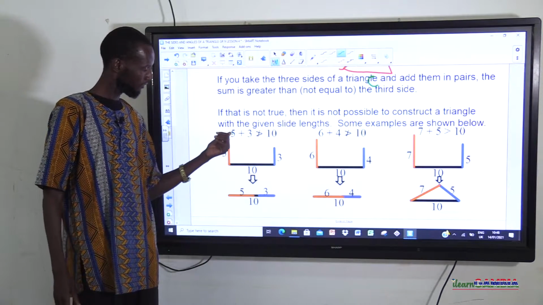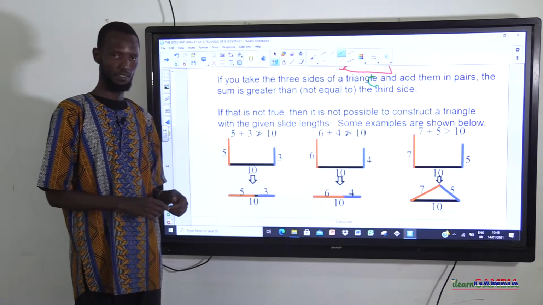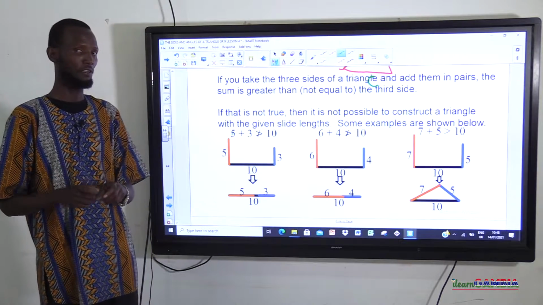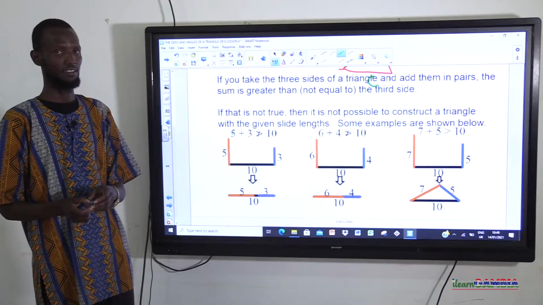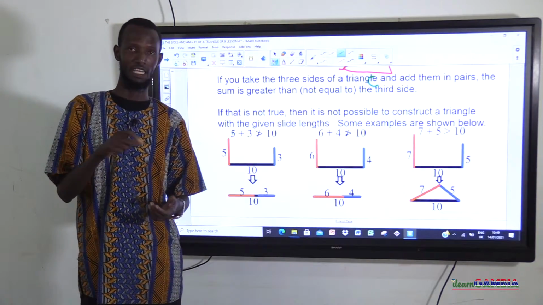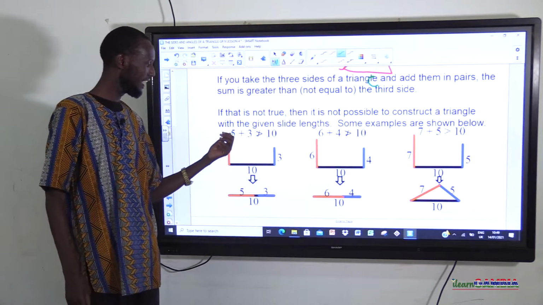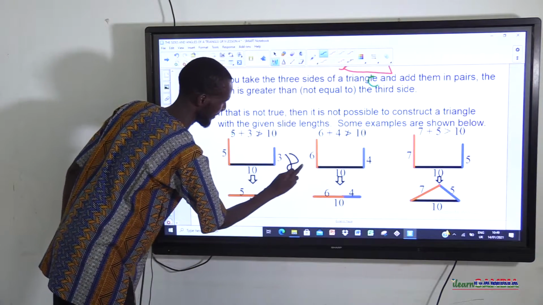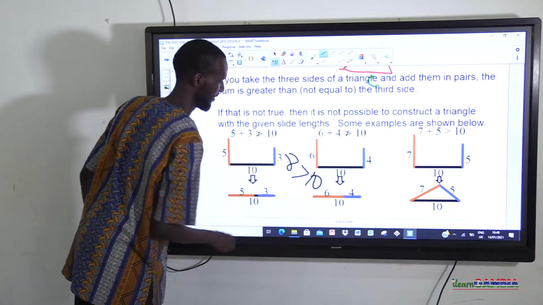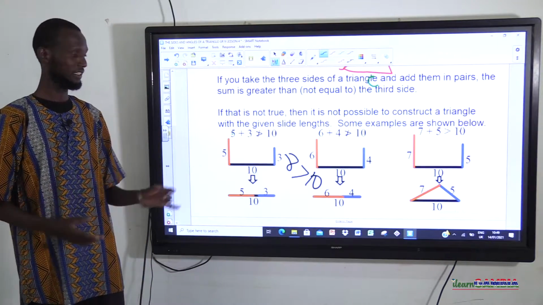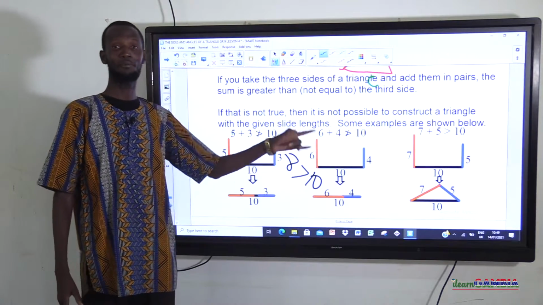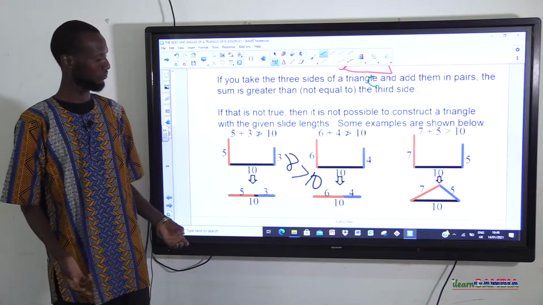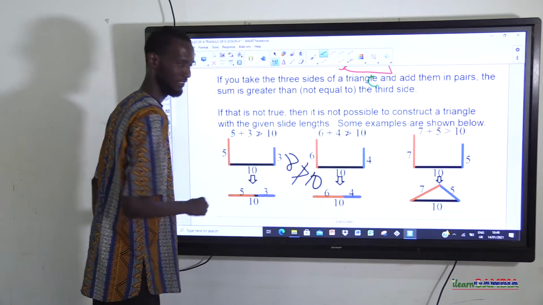So let's take first 5 plus 3. If you add 5 plus 3, what do you get? You get 8. Is 8 greater than 10? Is 8 more than 10? That's definitely not true. So this is not greater.